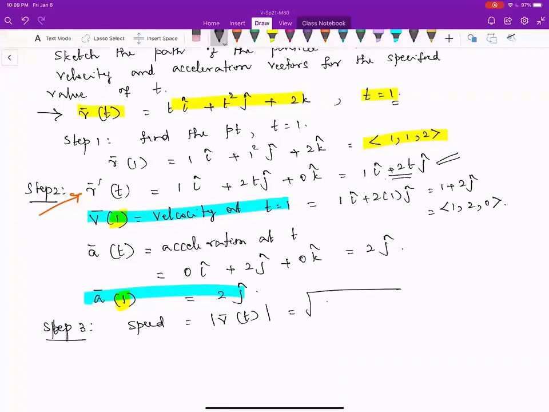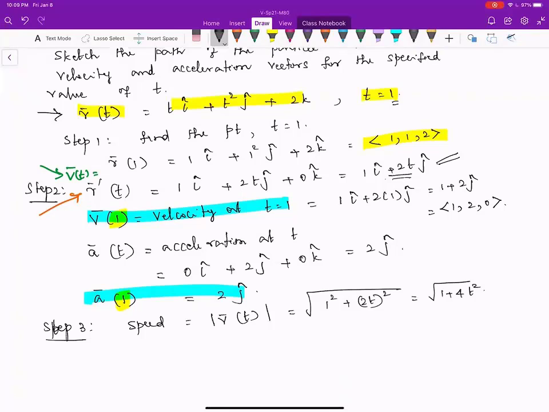So it is the square root of 1 squared plus (2t) squared. The derivative of r is the velocity, right? So what we see here is the velocity. Hope you understand that part. So it is the square root of 1 squared plus (2t) squared, which is equal to the square root of 1 plus 4t squared. So that is the speed at time t.